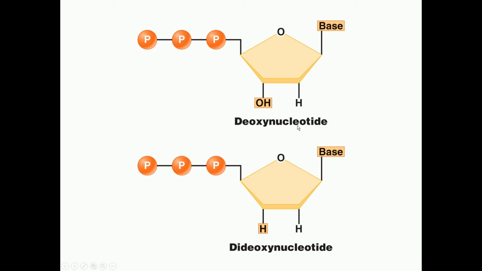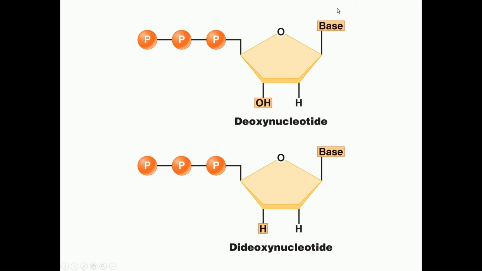Before we actually learn the technique, we need to know what dideoxy means. As we discussed in the last lecture, the structure of the nucleotide is in front of you. The nucleotide in DNA is called a deoxynucleotide. This is your pentose sugar, this is the 1' carbon, this is the 2' carbon, this is the 3' carbon, here is 4', and attached to the 4' is the 5' carbon, on which the phosphate group is attached.